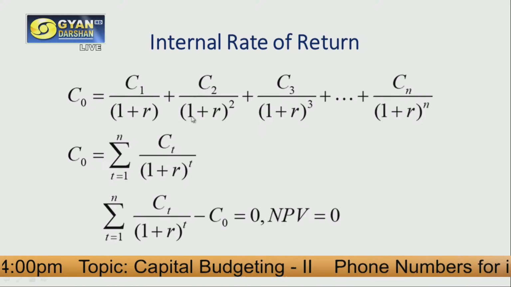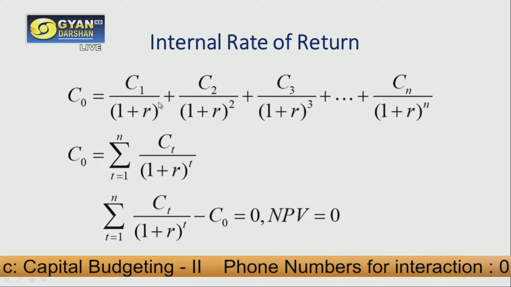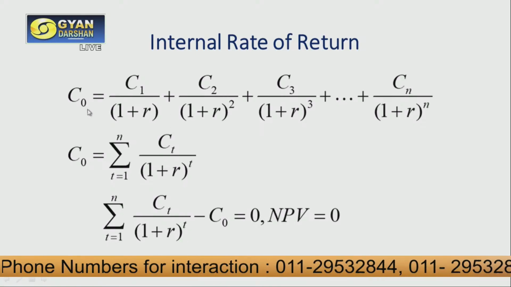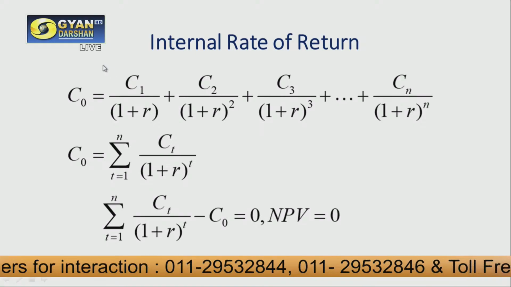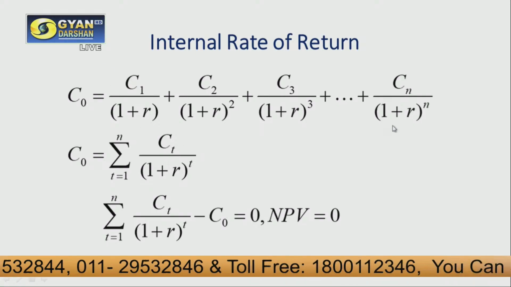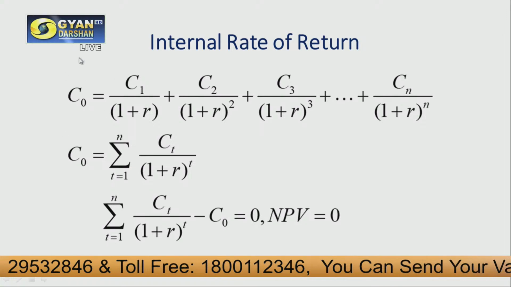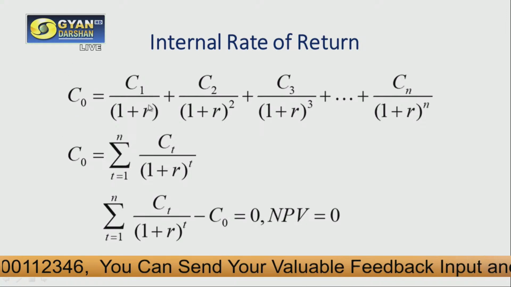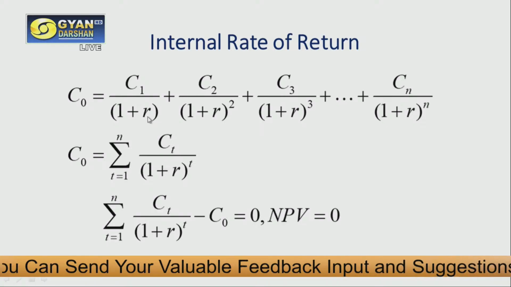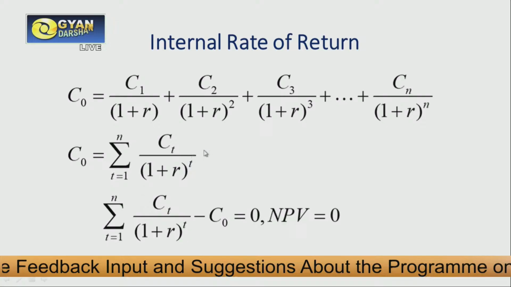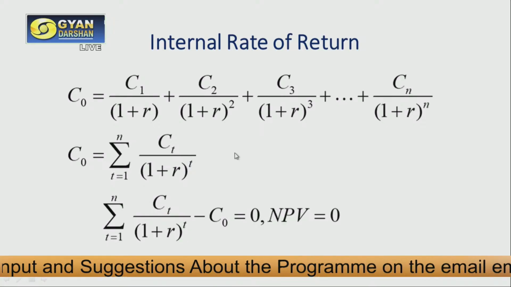We need to calculate this missing R. According to the definition, internal rate of return is that rate where the present value of all cash inflows is equal to the present value of cash outflow. We need to find this R, and this is our internal rate of return, which makes our NPV 0.